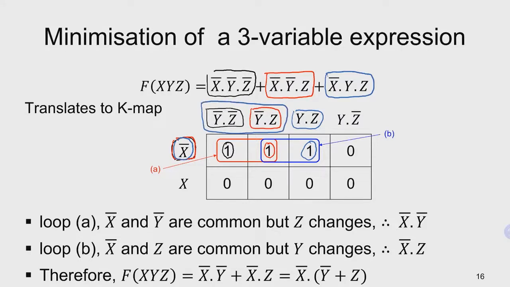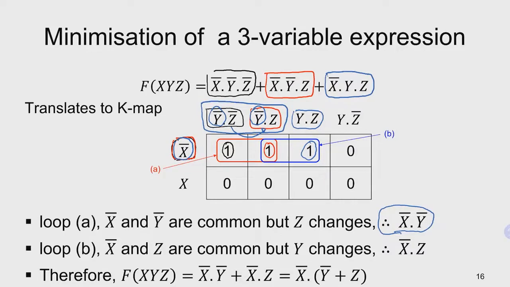You can see that y bar hasn't changed, but z bar changes to z. Therefore we can eliminate z in this loop. So the prime implicant of loop A is equal to x bar, y bar. We eliminated the variable z in this loop.